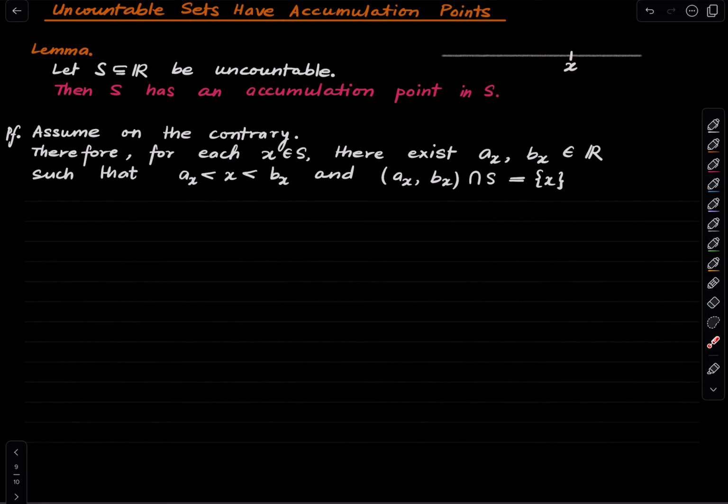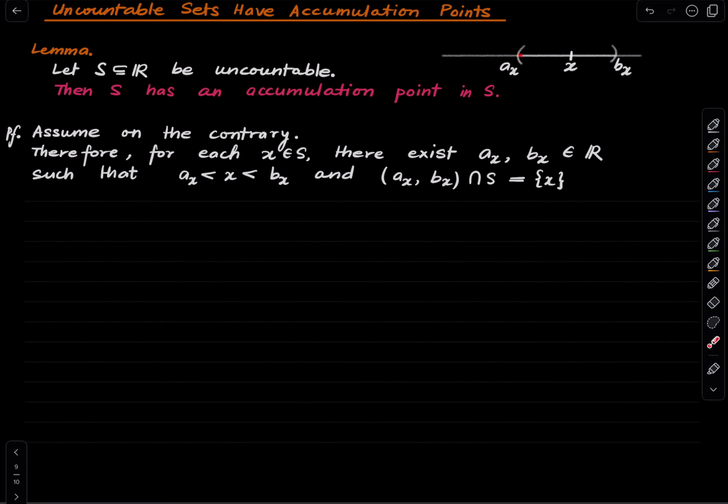All right, but it is important to be able to argue that these things can be chosen to be rationals. Let me at least verbally argue it. So suppose you have found such ax and bx. Here is ax, there is bx.